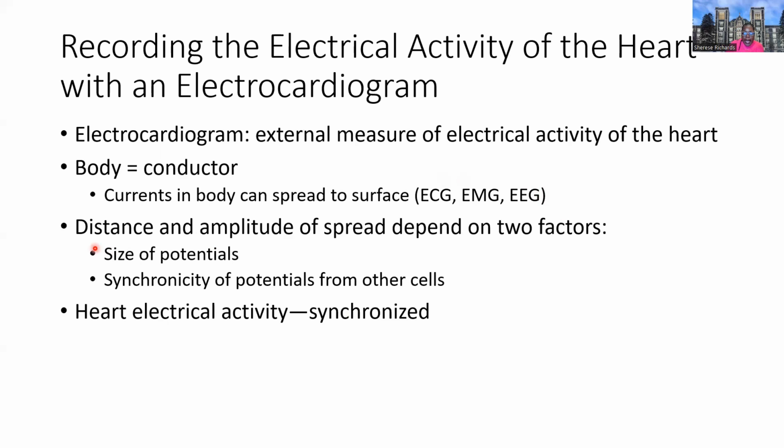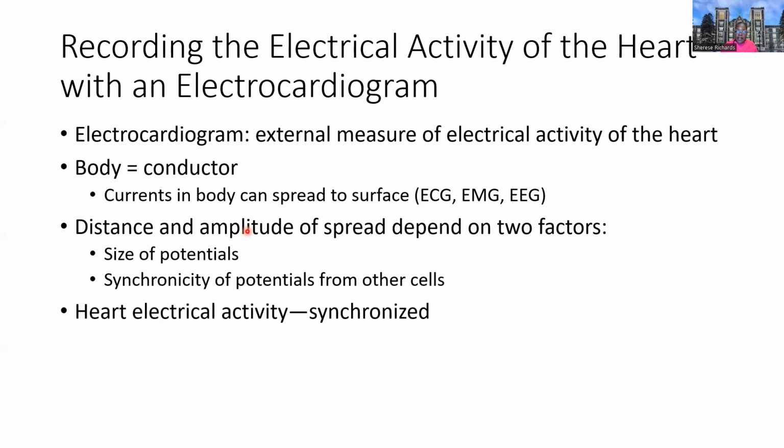Now, the amplitude of the spread will be based upon the size of the action potentials and the synchronicity, how well they're synchronizing the events with other cells. So this is what the test is really looking for. How big are those impulses? Are the impulses large enough? Are the action potentials the correct magnitude?